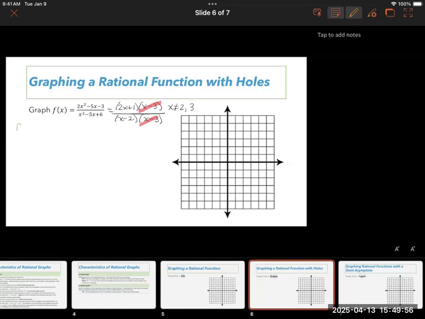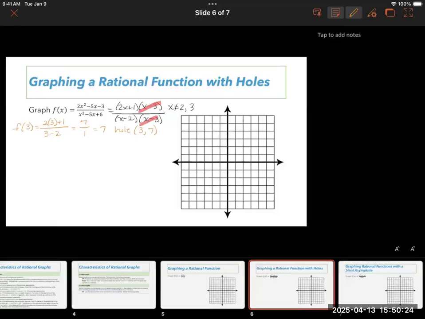So I am now going to take that 3 and put it into the simplified version of my rational function. And I'm going to get a 7 for an answer. So that means I'm going to have a hole at the point 3, 7.